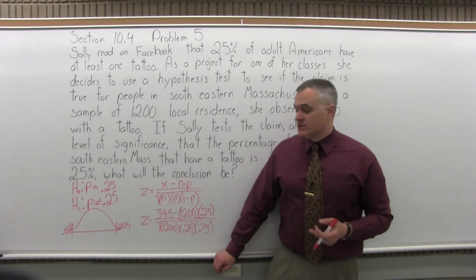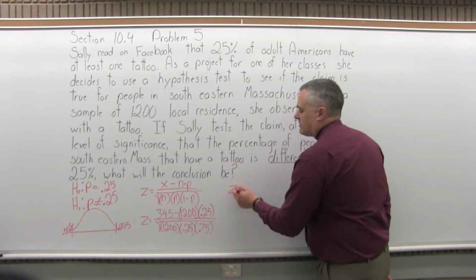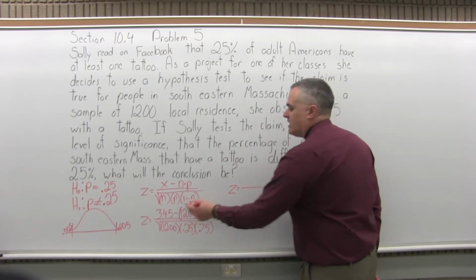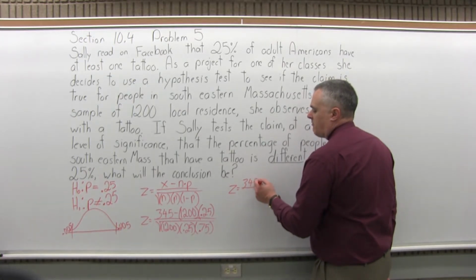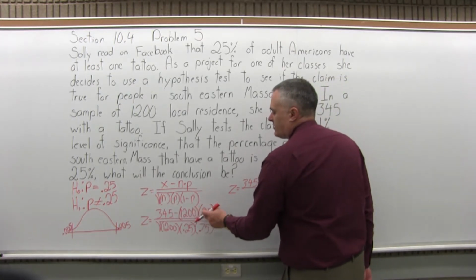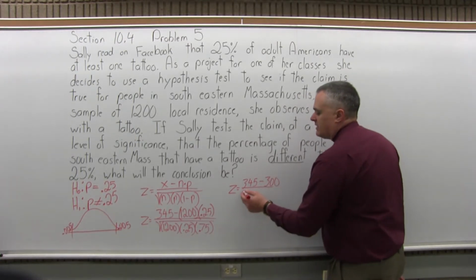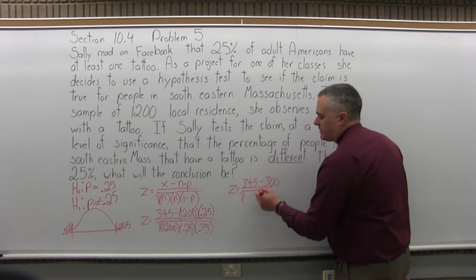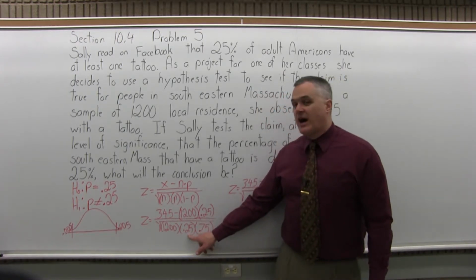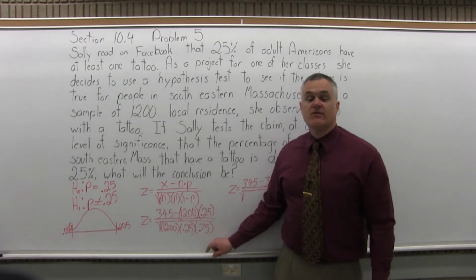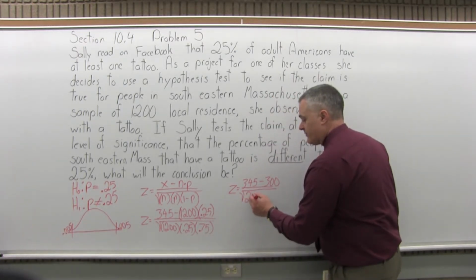And now we'll start doing some of the computation. So we will have z equals 345 minus 1,200 times 0.25, which is 300. And then in the denominator, we'll have the square root of 1,200 times 0.25 times 0.75, which is 225. Don't forget that's under a square root.